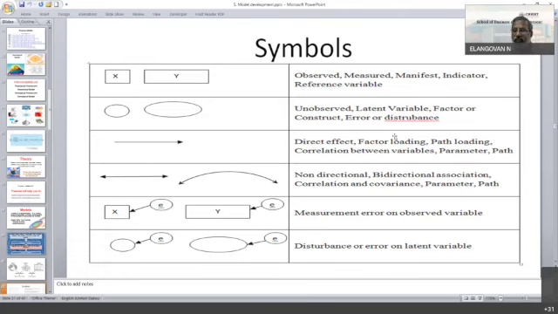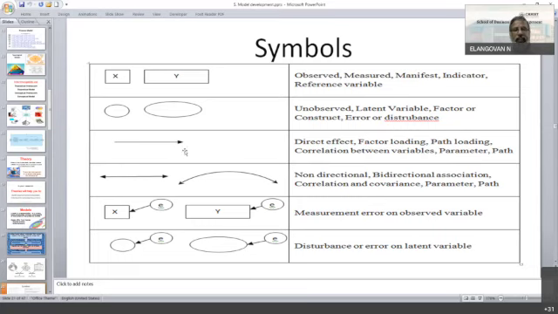But if it is a square box, I will understand that this is directly measured. If it is a circle, then I will understand that it is not measured, it is constructed, or calculated, or a combination of measured items. That is what your circle or square is.